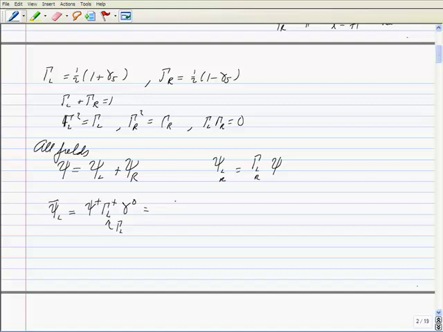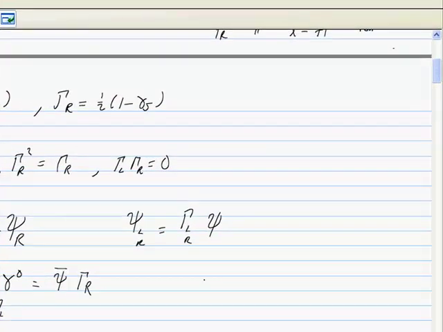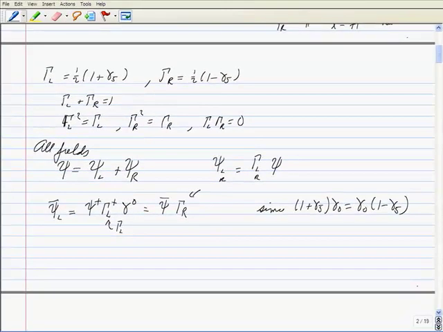So this is then psi bar gamma right, since (1 plus gamma 5) gamma 0 equals gamma 0 (1 minus gamma 5). Since gamma 5 anti-commutes with all gamma matrices, you pick up a minus sign there. So this is gamma right that sits there. Even though it's psi bar left, gamma right sits there. That's important for what we're about to do.